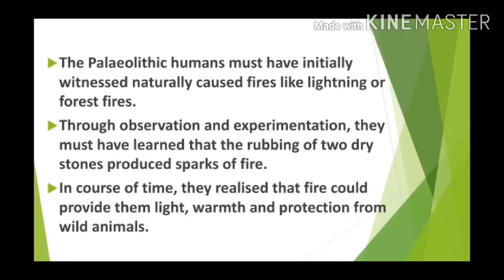The Paleolithic humans must have initially witnessed naturally caused fires like lightning or forest fires. Through observation and experimentation, they must have learned that the rubbing of two dry stones produced sparks of fire. In course of time, they realized that fire could provide them light, warmth, and protection from wild animals.